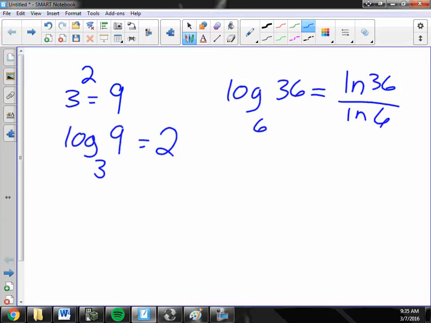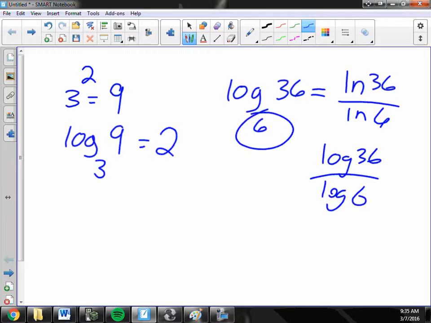And the same thing works with the log button. Log 36 over log 6. So if you're dealing in a base you don't have, you can convert it to one of the two bases that your calculator has. Or if you have the newer software, you can push math and go to the bottom and get the log base and just type it in as is.